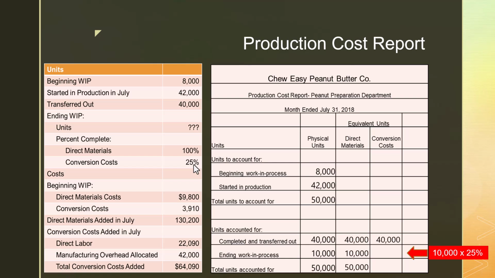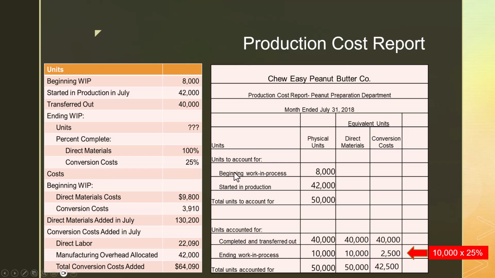And to complete 10,000 units 1/4 of the way, we could have completed 2,500 units start to finish for that same cost, which means our total equivalent units for this department's conversion cost is 42,500. For the same amount of money that we spent in labor and overhead to complete 40,000 units all the way and complete 10,000 units 1/4 of the way, we could have completed 42,500 units from start to finish.